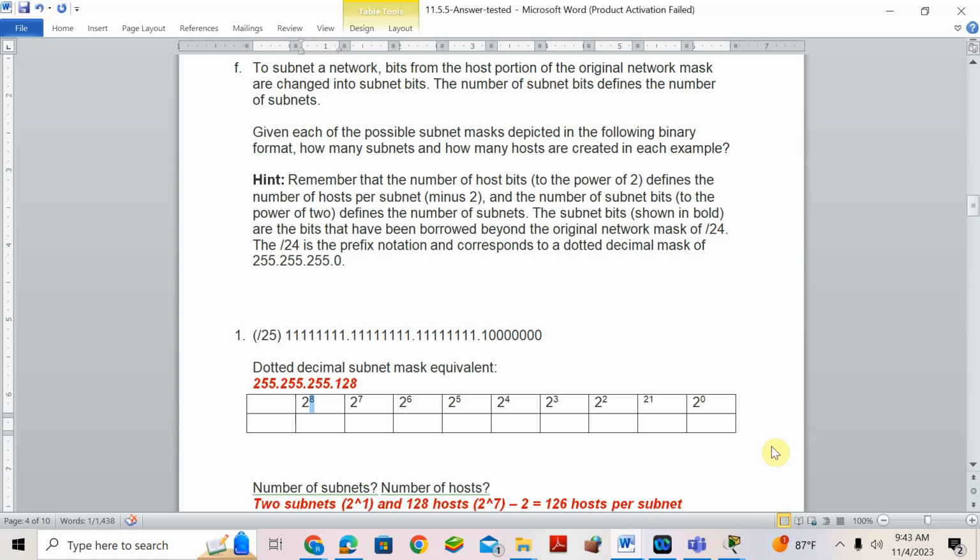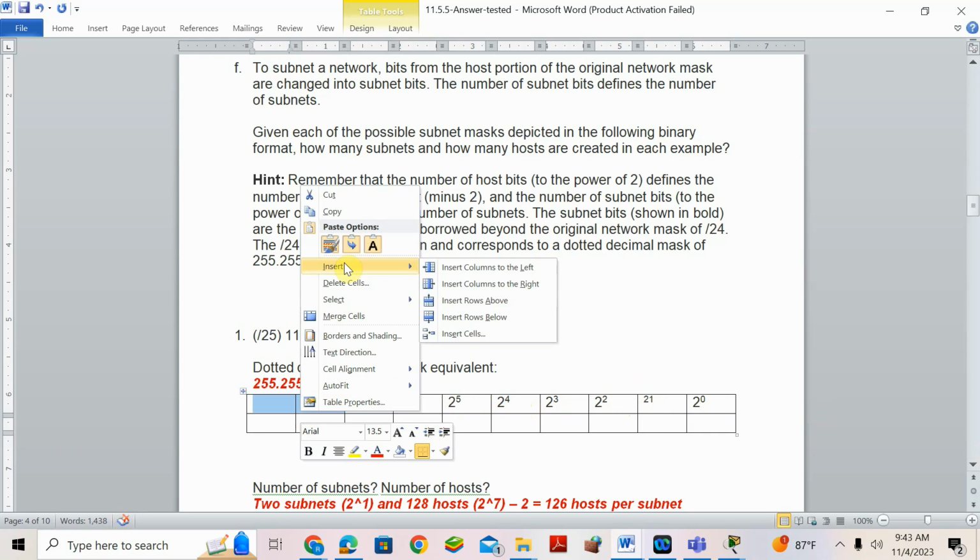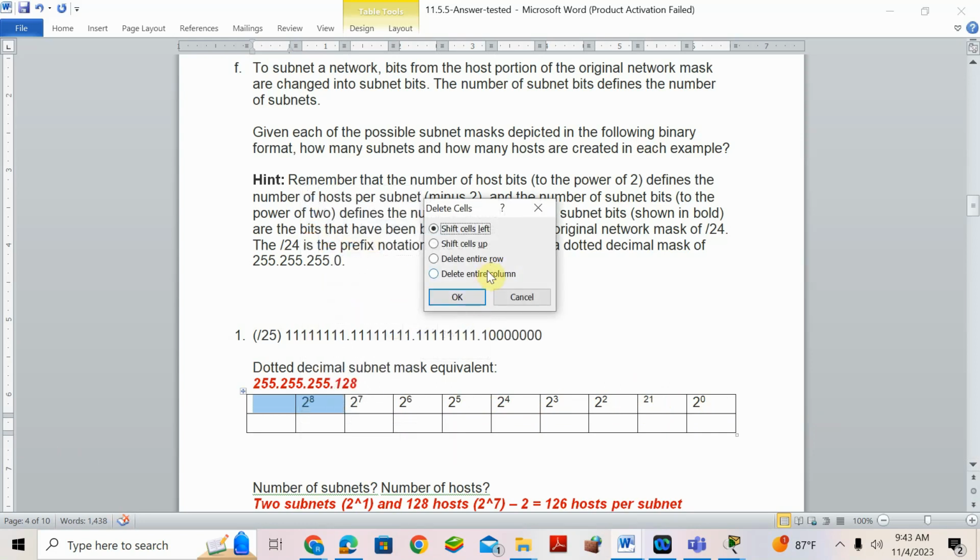So 1, 2, 3, 4, 5, 6, 7, 8 bits. Up to here only. There is no need for 2 power 8 because we go from 0 to 7, so 8 bits. So delete the column.